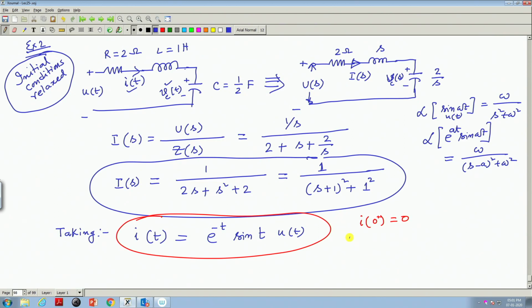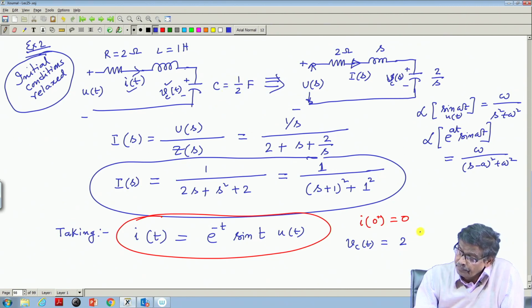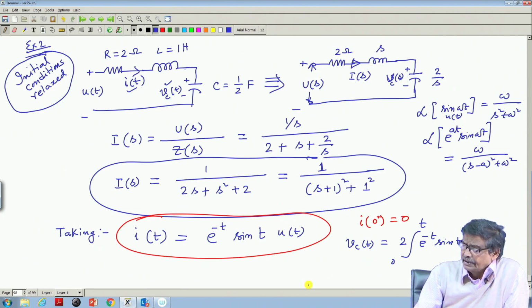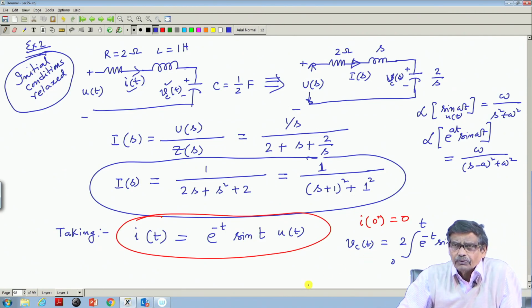Then V_C(t) can also be calculated in this way: 1 by C, that is 2, half is the capacitance value, into integral from 0 to t of e to the power minus t sin t dt. If you do this, you will get the time domain description of the capacitance voltage.